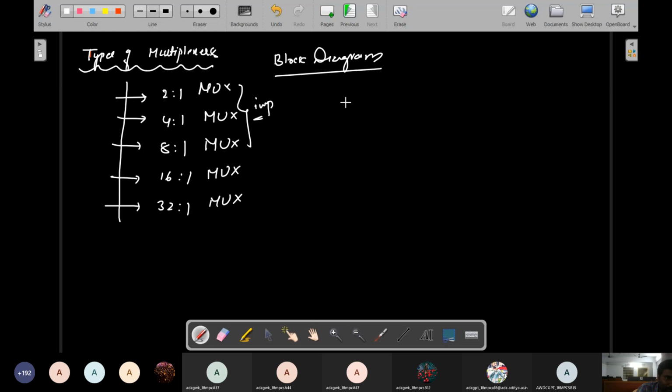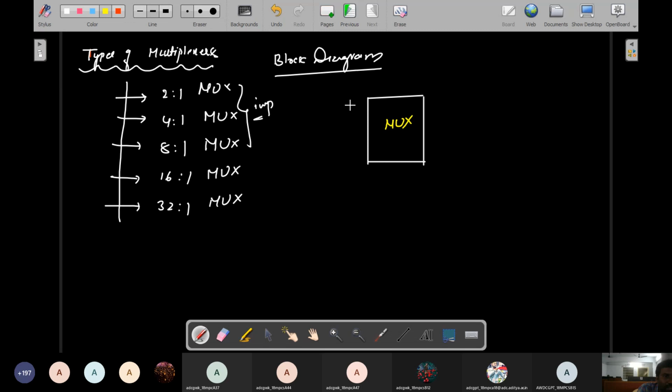See the block diagram of a multiplexer. This is the block diagram. A multiplexer contains, suppose, n number of inputs.